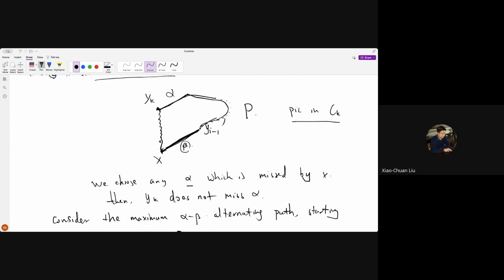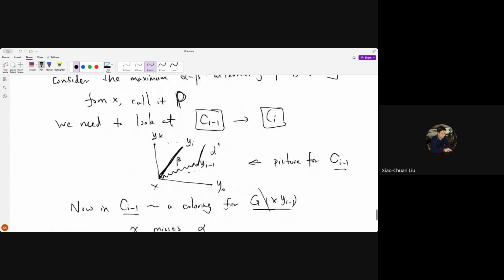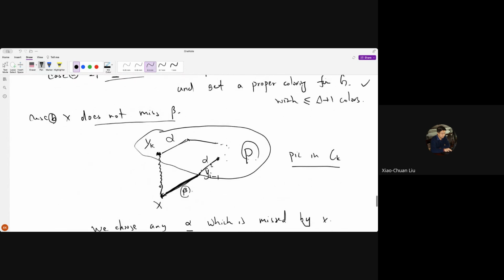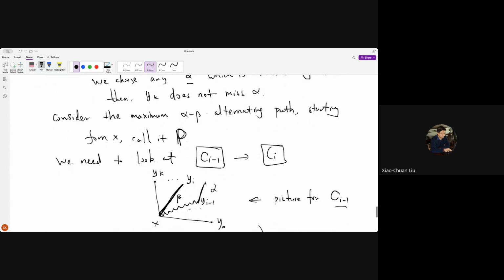So let's draw this P again. So here you start from beta, and here you have alpha, and so on. And at the point y_k, you move everything here. You look clearly that here this is alpha, this is alpha. You didn't change anything, and you end at the vertex y_k.